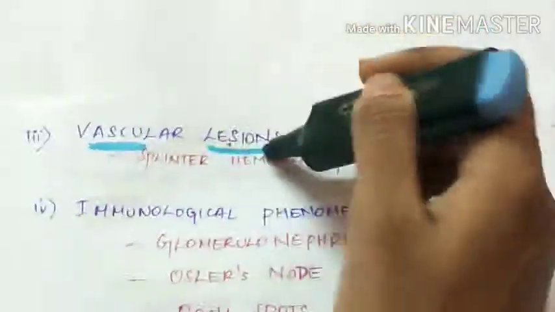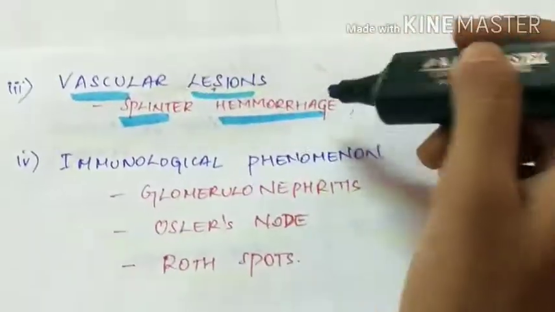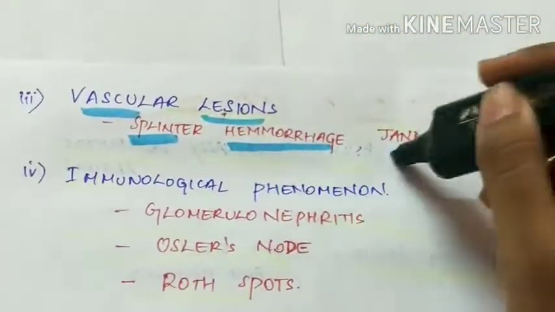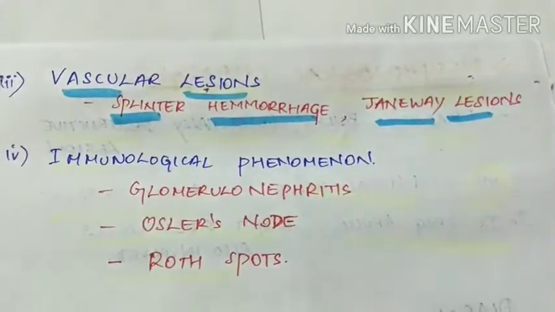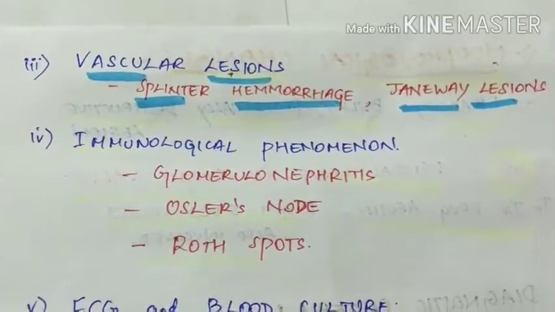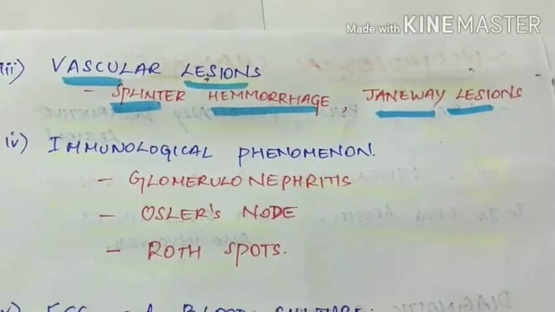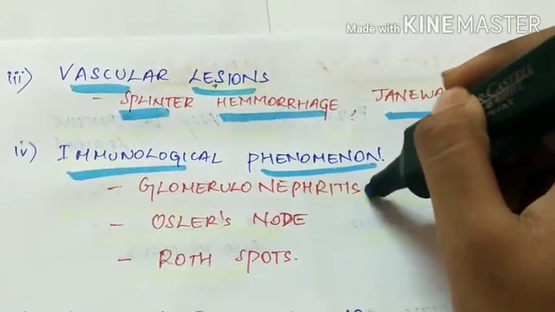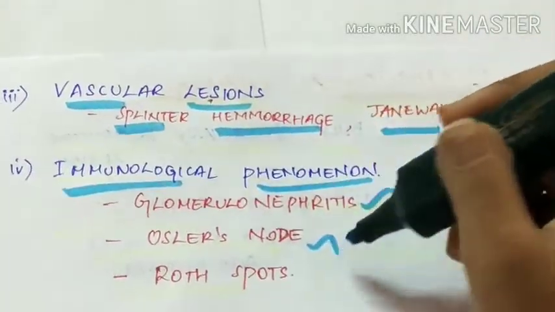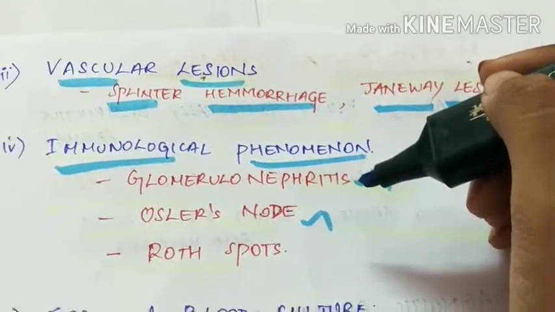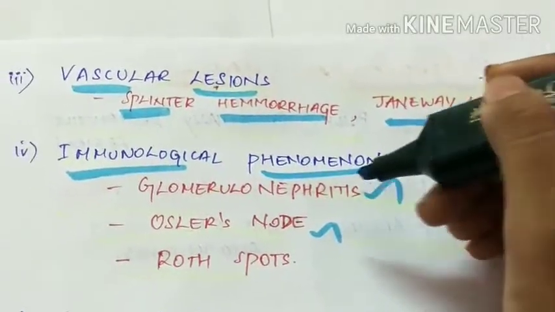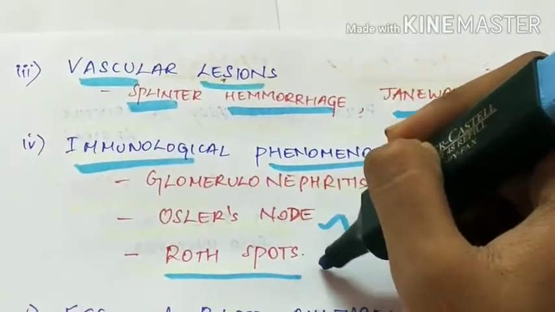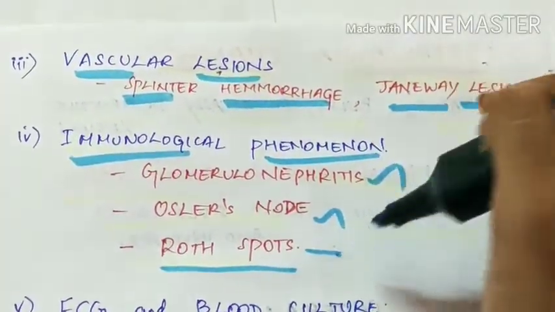Third is vascular lesions like splinter hemorrhage, which are hemorrhagic spots seen underneath the nail, and Janeway lesions, which are non-tender hemorrhagic spots on the palms and soles. Fourth is immunological phenomena like glomerulonephritis, Osler's nodes, which are painful subcutaneous nodules in the pulps of the digits, and Roth spots, which occur due to retinal hemorrhage.